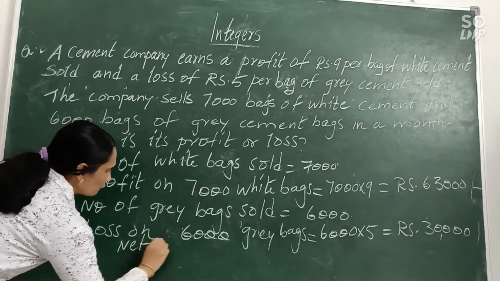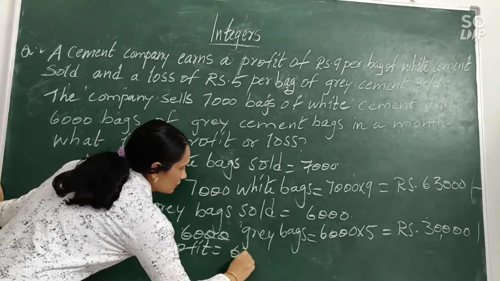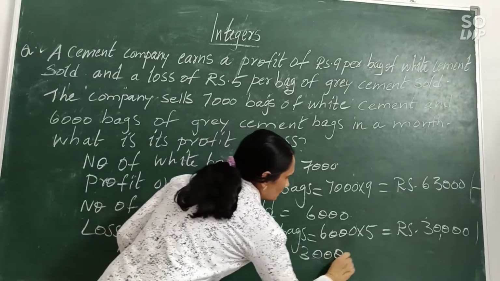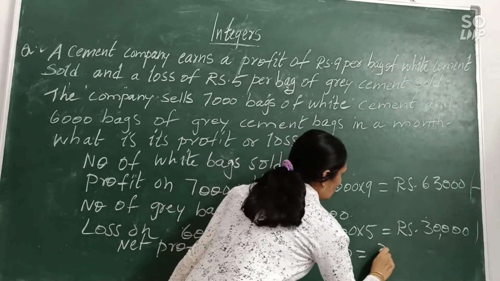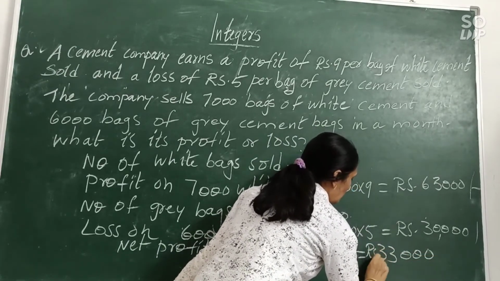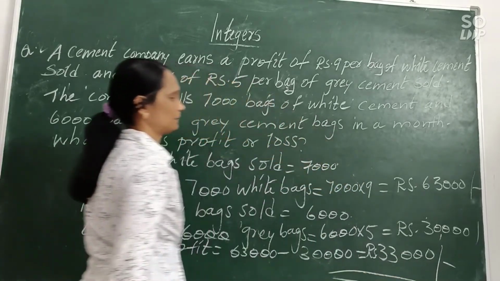Net profit is equal to 63,000 minus 30,000, equal to 33,000 rupees. So this is the net profit.